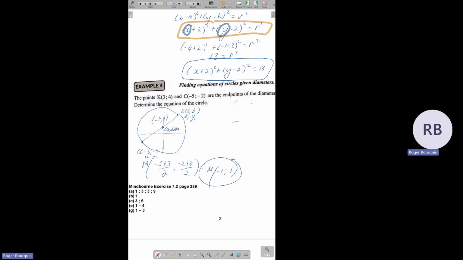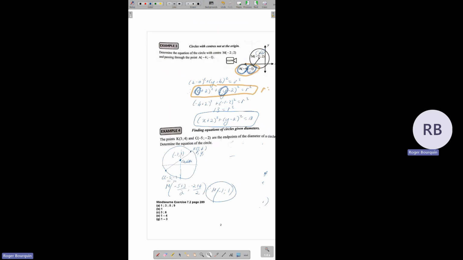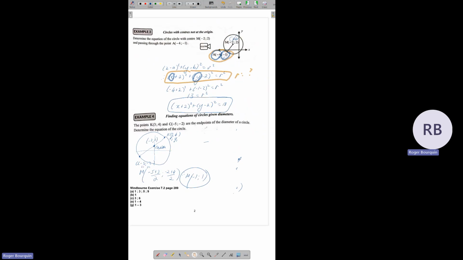So now you've got your center, but the question said find the equation. So to find the equation of the circle, write down your general formula, x minus a squared plus y minus b squared is equal to r squared. You know a and b is the center, so a is -1, b is 1.